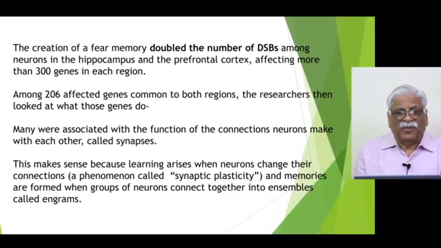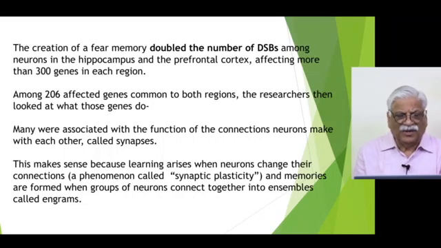The creation of a fear memory doubled the number of DSBs among neurons in the hippocampus and the prefrontal cortex, affecting more than 300 genes in each region. Among 206 affected genes common to both regions, the researchers then looked at what those genes do. Many were associated with the function of the connections neurons make with each other, which are called synapses.